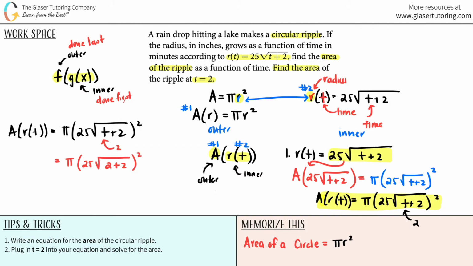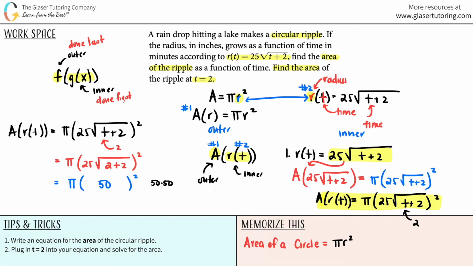So let's work on that. This would be equal to pi 25. The square root of 2 plus 2 is 4. The square root of 4 is 2, right? And 25 times 2, this is squared, right? So 25 times 2 is 50. 50 squared is the same thing as 50 times 50.